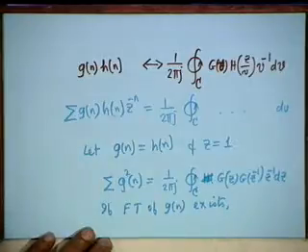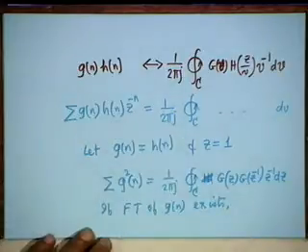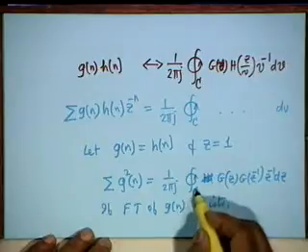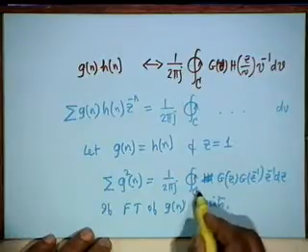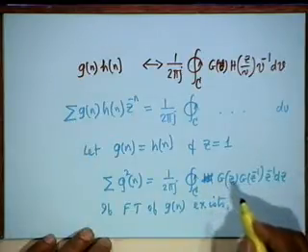Agreed? Is this point clear? If the ROC includes the unit circle, then we can as well replace C by the unit circle. Agreed? And on the unit circle, small z is equal to e to the j omega.